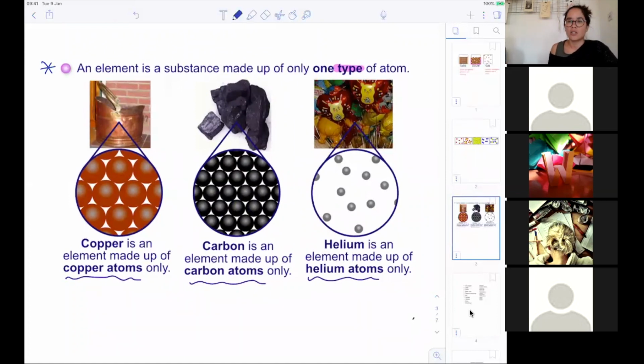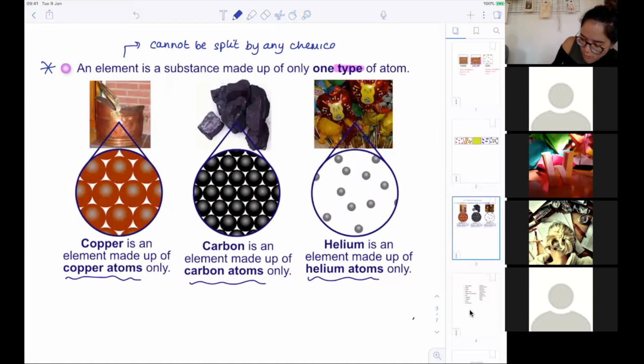The only other thing you could add is that an element cannot be split by any chemical means. And so that's your really full answer there. It contains only one type of atom and it cannot be split by any chemical means.